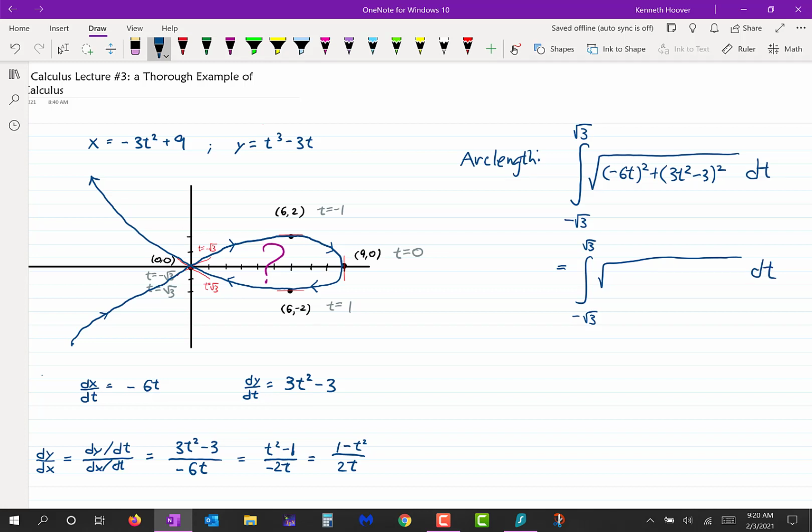Okay, you should get 9 t to the 4th plus 18 t squared plus 9. Now that's factorable.